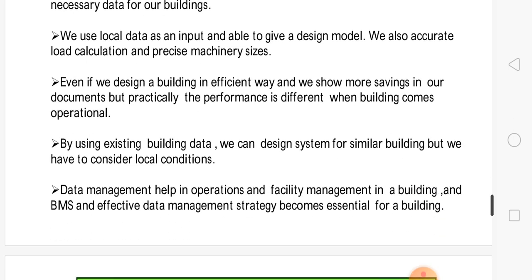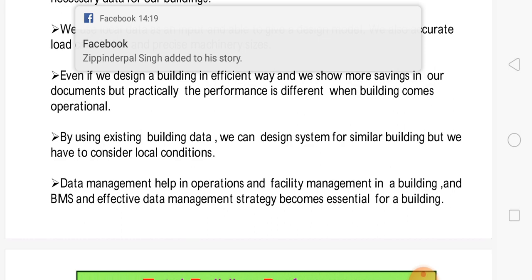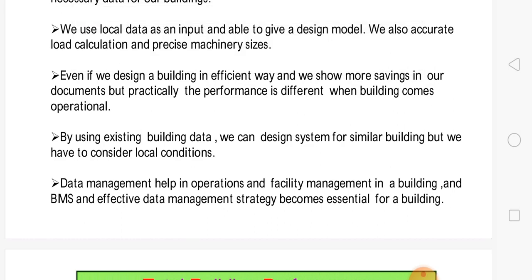So by using existing building data, we can design systems for similar buildings, but we have to consider local conditions. And if we use existing building data but ignore local conditions, then our performance will not be as predicted.